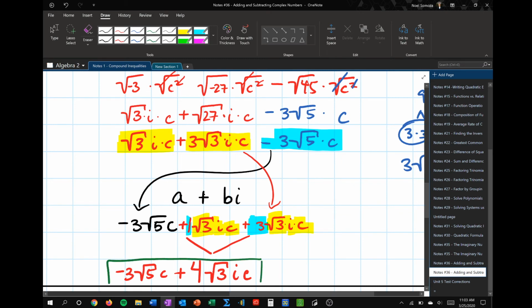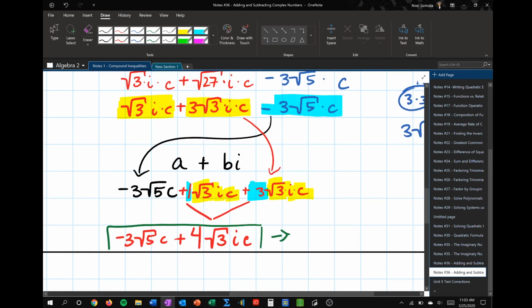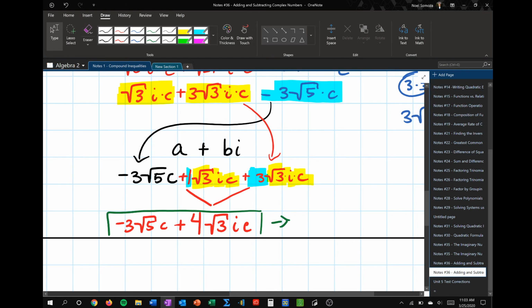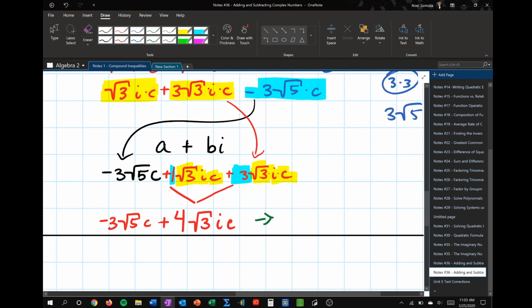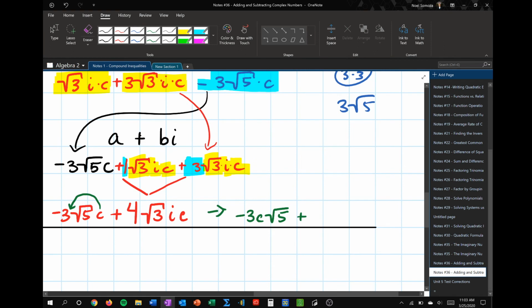Alright, so then this would be our final number right there. Another way in which you might see it is typically if there is an additional variable that is not the imaginary. Let me actually erase this box because I don't like how it was written. Typically this variable here goes in between the coefficient and the root. So a lot of times you might see it as negative 3c root 5, and then you plus 4c root 3, and then they leave i at the very end.